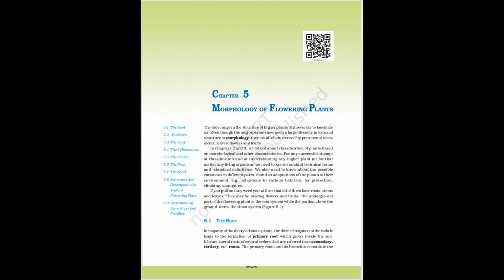5. Draw the labeled diagram of the following: I. Gram seed. II. V.S. of maize seed. 6. Take one flower of the family Solanaceae and write its semi-technical description. Also draw its floral diagram. 7. Describe the various types of placentations found in flowering plants. 8.